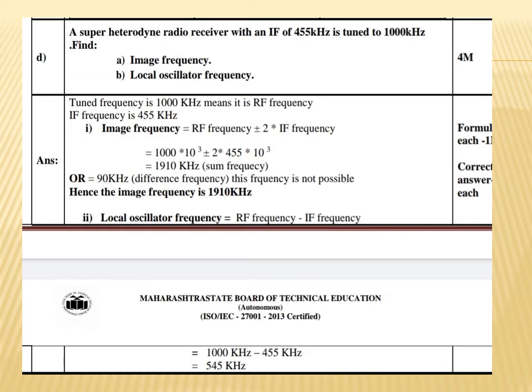Next one is the local oscillator frequency. The local oscillator frequency is calculated as RF frequency plus intermediate frequency. The RF frequency is 1000 kHz and the IF frequency is 455 kHz.